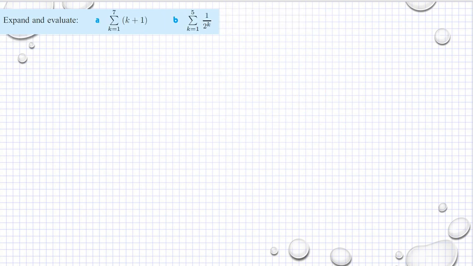Next, expand and evaluate. Here, we have our A now. Then we have 1 plus 1, plus 2 plus 1, plus 3 plus 1, plus 4 plus 1, plus 5 plus 1, plus 6 plus 1, plus 7 plus 1.